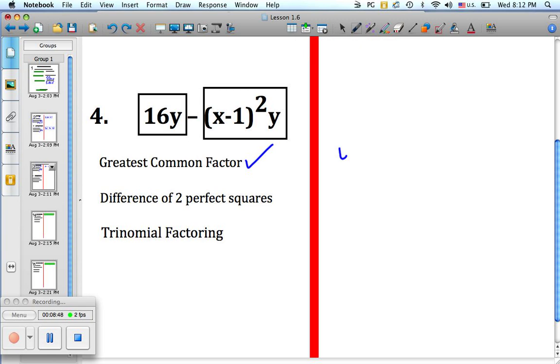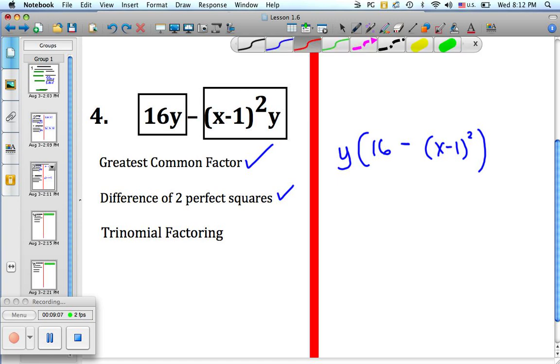So I'm going to pull out a y, and I'm left with a 16, the minus, and then I'm left with x minus 1 squared. Am I left with a difference of two perfect squares? Yes, you are.